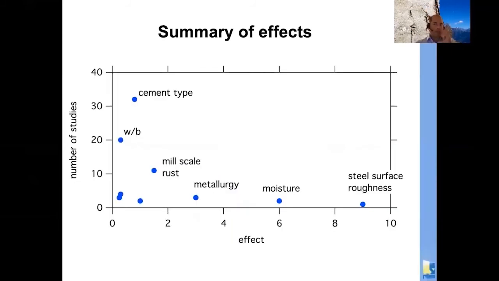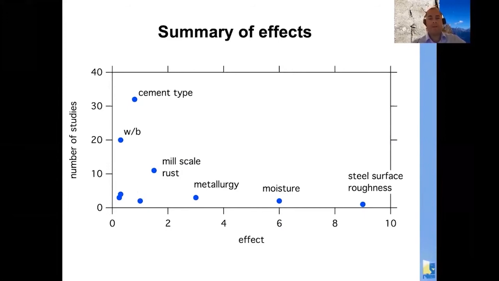Our results can also be plotted in a slightly different manner. Here we have the effect on the x-axis. The features on the left have a moderate effect, and the features on the right have a more pronounced effect. And on the y-axis, you can see the number of studies that we were able to collect. It is interesting to see that those features that have a small effect are the features that have received most attention in the literature, while those features that seem to have the largest effect are relatively rarely studied.